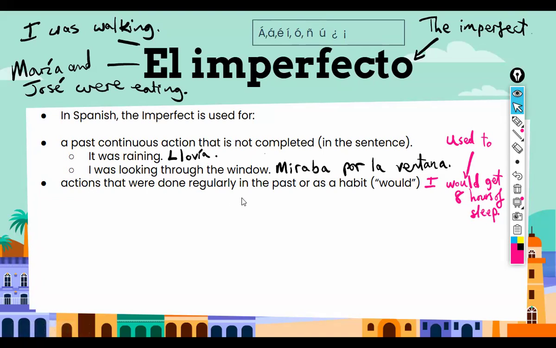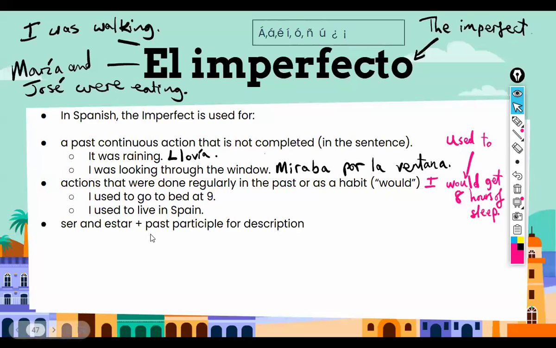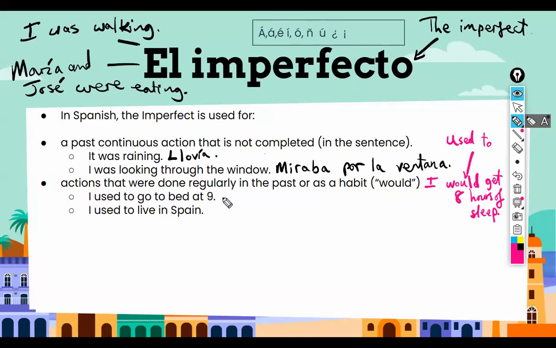All right, so actions that were done regularly in the past as a habit. I used to go to bed at 9. In English, we would also say I would go to bed at 9, right? I used to live in Spain. I would live in Spain. All right, so me acostaba a las 9, right?